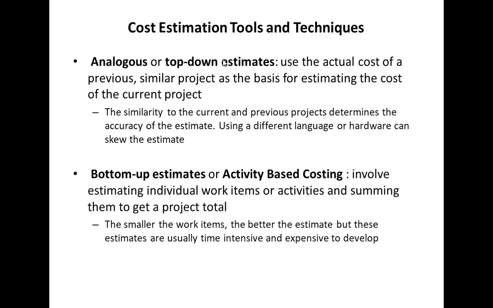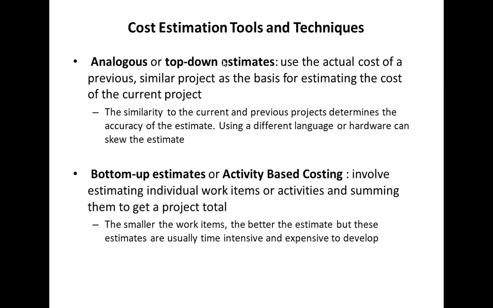The second one is bottom-up estimate or activity-based costing, which involves estimating individual work items. So in bottom-up estimate, we start from the bottom, the bottom layer of the WBS. We look at individual work items and how much each costs, and sum them up from level to level. Okay.